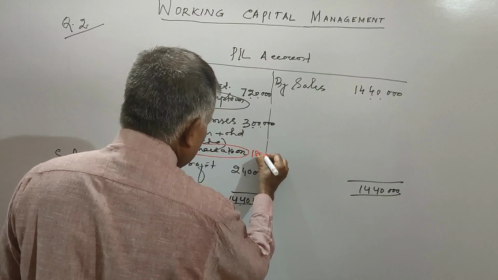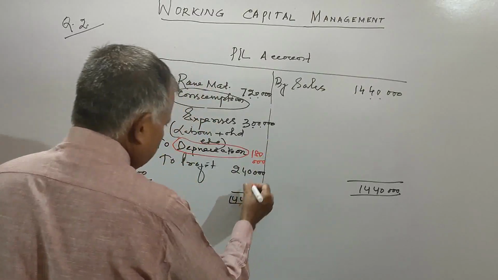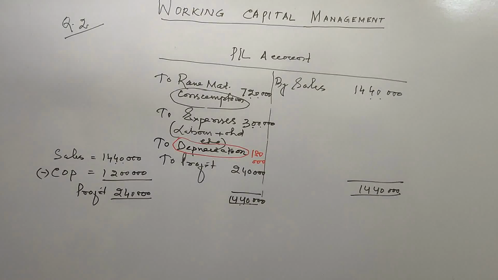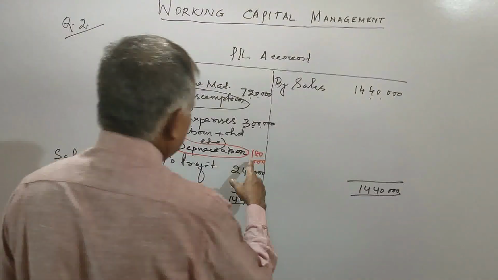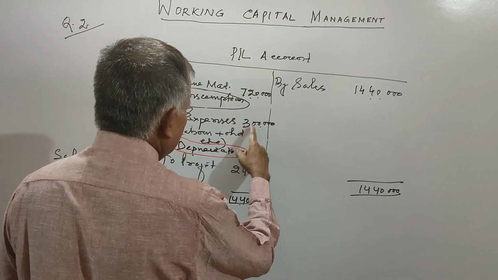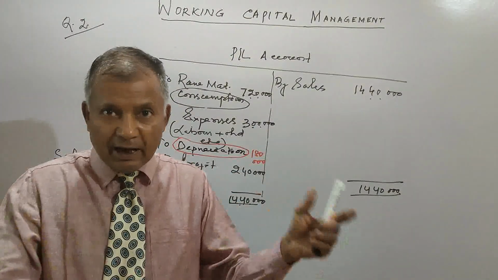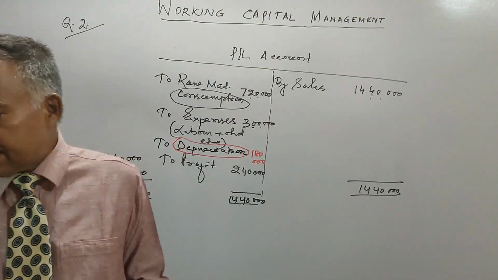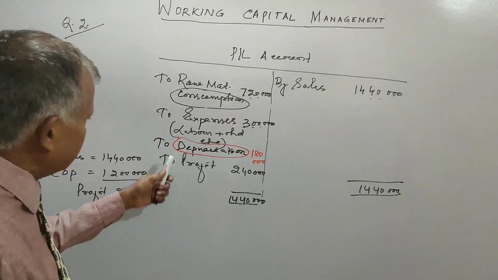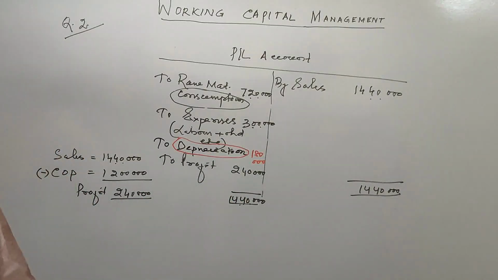And this is 1,80,000. So if you add 1,80,000 here, then you will see the 14,40,000 total is coming. Right? So in this way, on preparing the profit and loss account, we can find out the depreciation here. This is one important point in this problem.